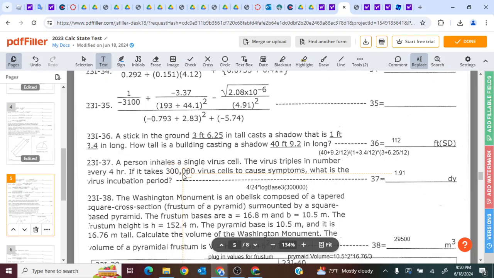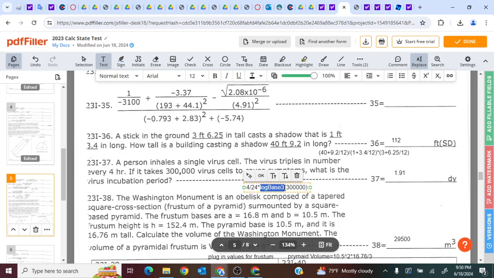A person inhales a single virus cell. The virus triples in numbers every 4 hours. If it takes 300,000 virus cells to cause symptoms, what is the virus incubation period? Well, you got to figure out how long it takes for a single virus that's continually tripling to reach 300,000 viruses. So that is log base 3, definition of log, essentially. Log base 3 of your 300,000.